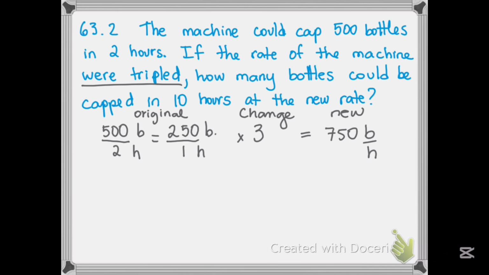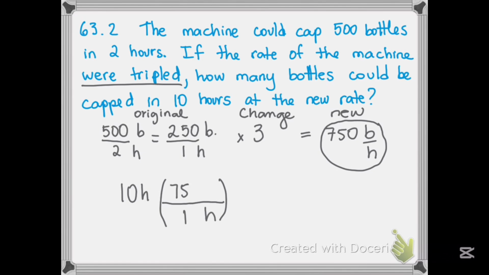And then the question says, how many bottles could be capped in 10 hours at the new rate? So again, we put 10 hours there. We open our unit multiplier, and we're going to use the new rate. And we want hours on the bottom, so we'll put 1 hour there. 750 bottles, which is the new rate, on the top.